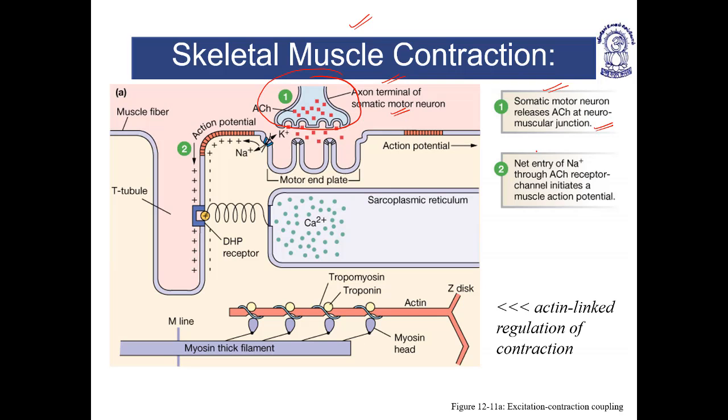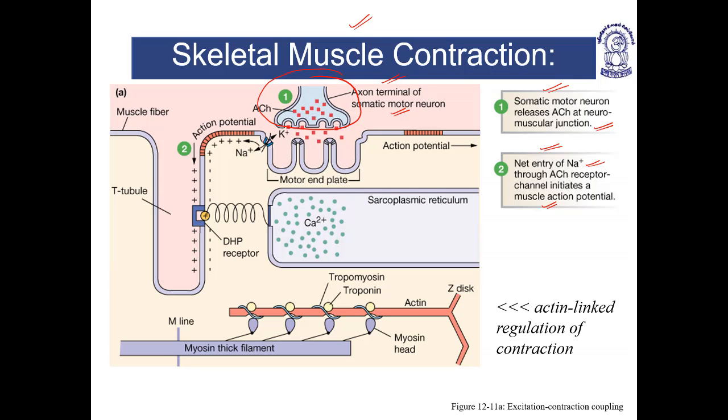Net entry of sodium ions through the acetylcholine receptor channel initiates a muscle action potential. As the acetylcholine is released, it goes to the voltage gated channels for sodium and opens them, and they start the muscular action potential.